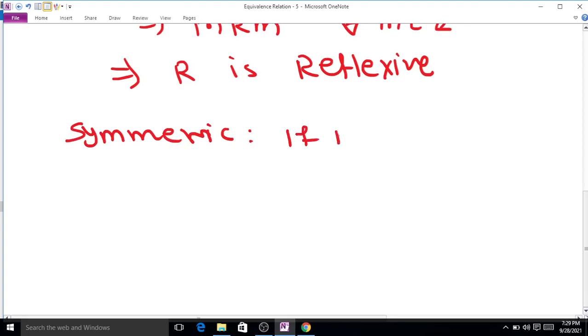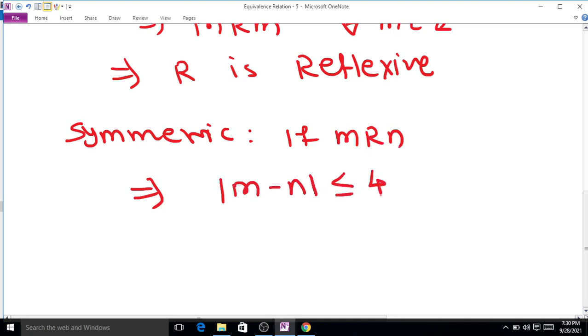Now, symmetric. If m is related to n, this implies the distance between m and n is less than or equal to 4, or the absolute value of m minus n is less than or equal to 4. If you take the minus sign outside, then it is the absolute value of minus 1 times (n minus m), which is less than or equal to 4.